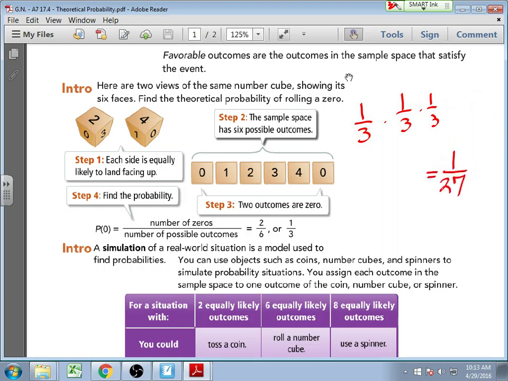So to get a next 0, I now will have a probability that's 1 over 81. If I do it again, it keeps getting rarer and rarer.